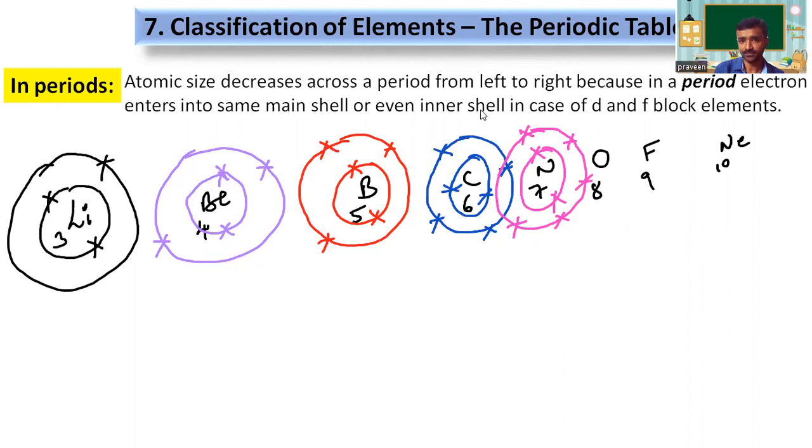Next, fluorine. For fluorine also you require the same number of shells. There is no difference because the maximum capacity of the L shell is 8.